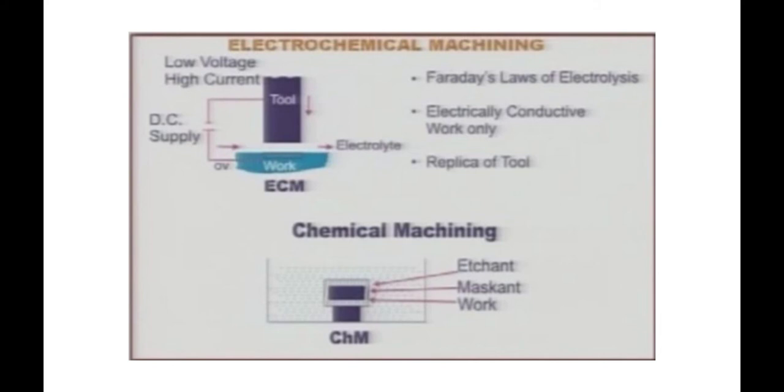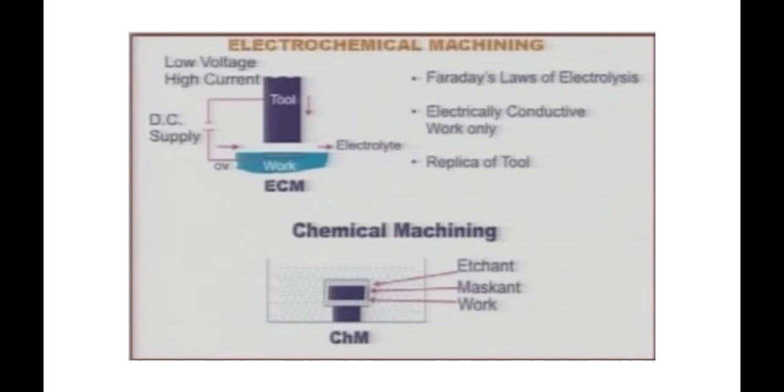And there is another process called chemical machining. In this process you use an etchant which reacts chemically with the workpiece surface, and you use a maskant to hide the surface from where you do not want to remove the metal, and you immerse the workpiece, which already has a mask, in the etchant.